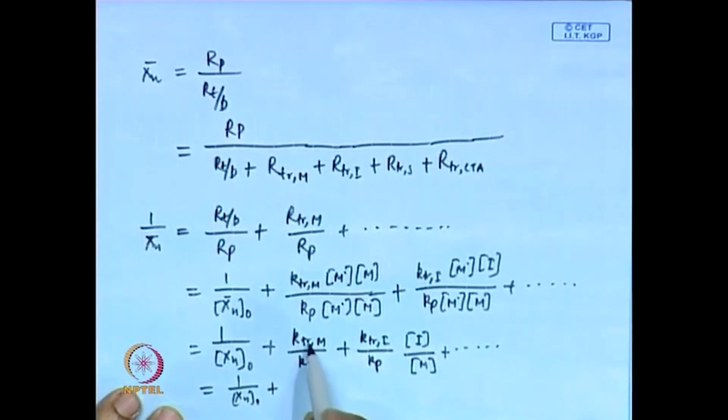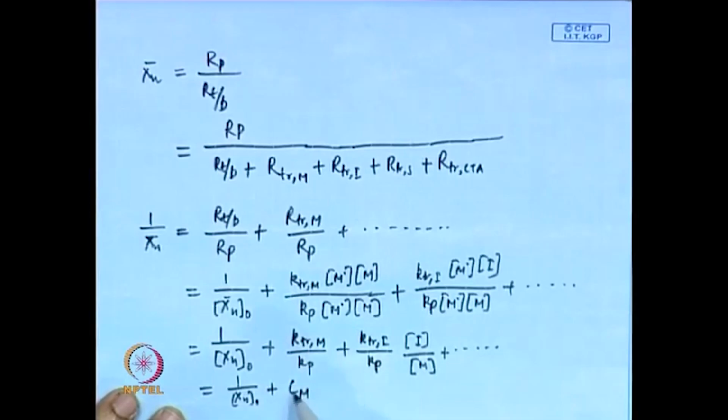Now, this is the rate constant for transfer relative to the rate of propagation. We are writing it as the transfer coefficient or transfer constant. So, this is the chain transfer constant for monomer, and this is the chain transfer constant for the initiator.